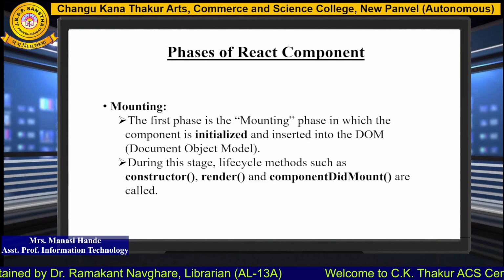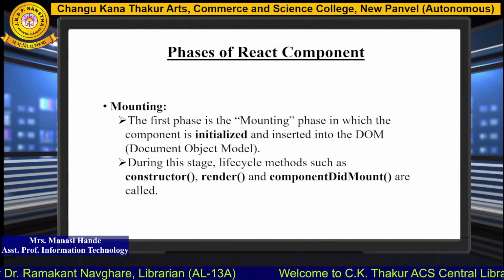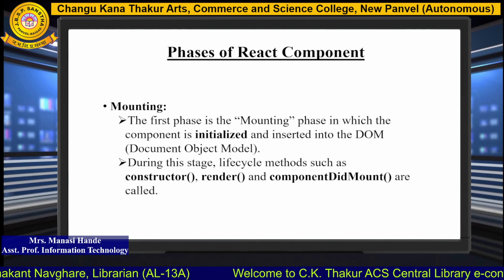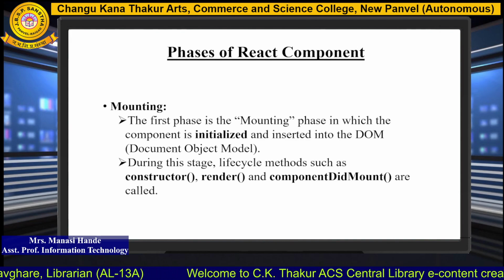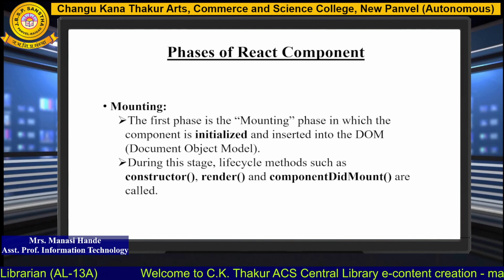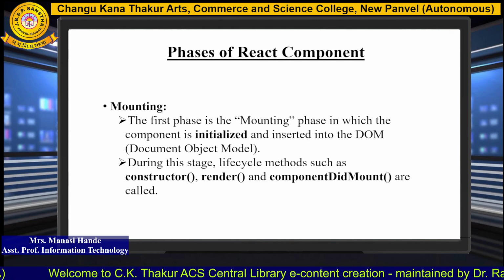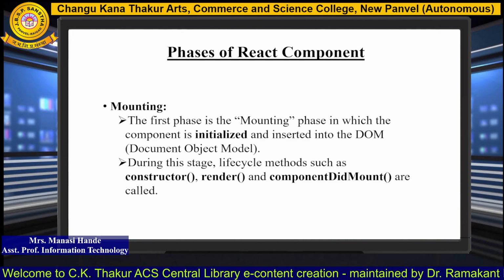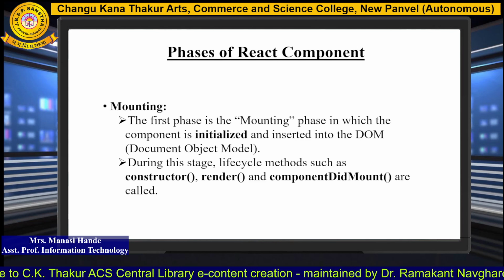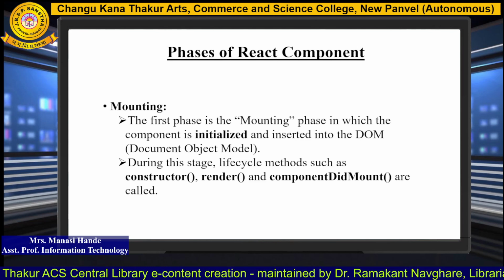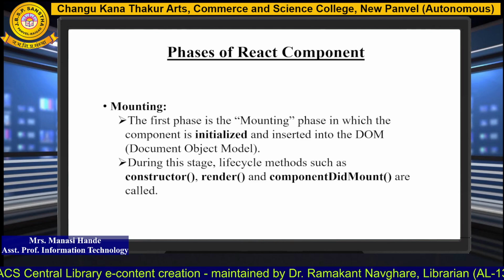So, phases of a React component: first is mounting. The first phase is the mounting phase, in which the component is initialized and inserted into the DOM, that is, the document object model. During this stage, lifecycle methods such as constructor, render, and componentDidMount are called.